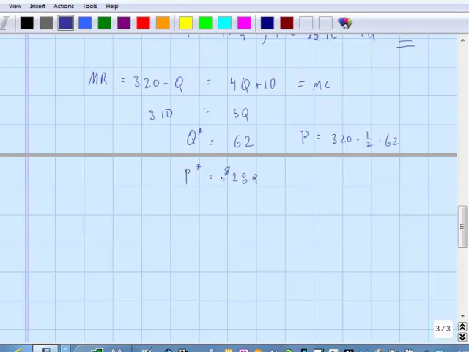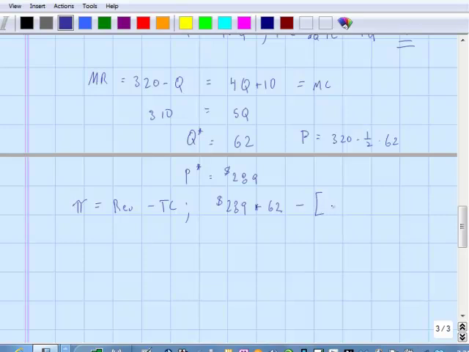The last thing we have to do is figure out what the profits will be. Profit will equal revenue minus total cost. Our revenue is P times Q, so that's 289 times 62 minus, and now we have to grab our new total cost function.